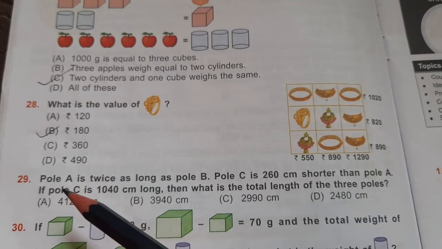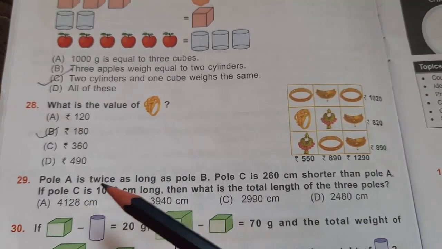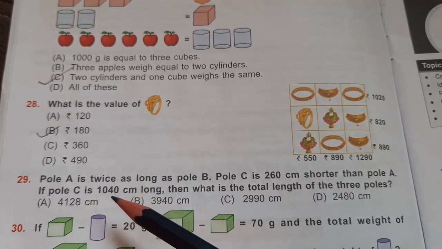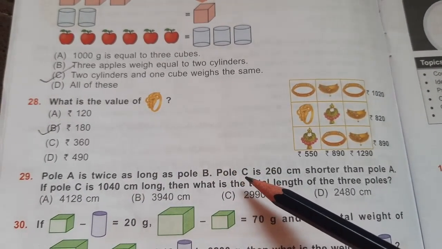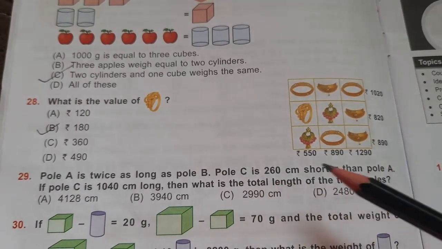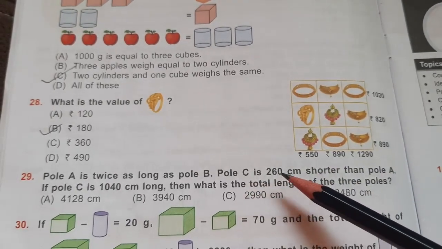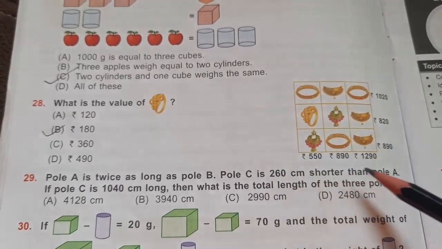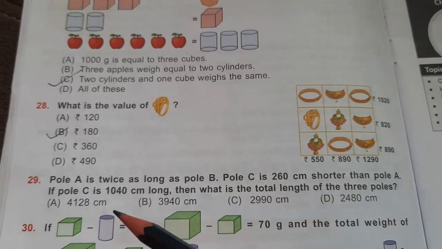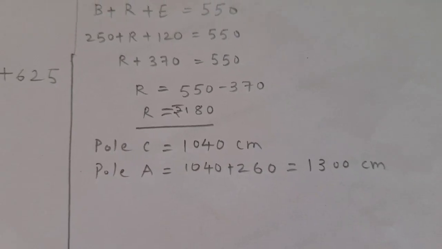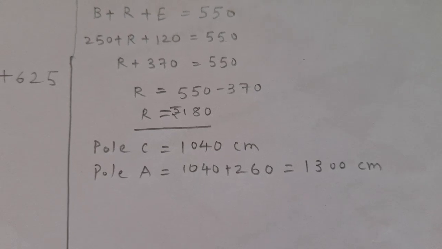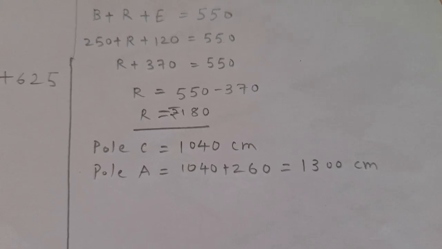Generally it helps. So the last information given is pole C is 1040 centimeter long. The relationship between pole C and pole A is that pole C is 260 centimeter shorter than pole A. So pole A is 1040 plus 260 equal to 1300 centimeter.